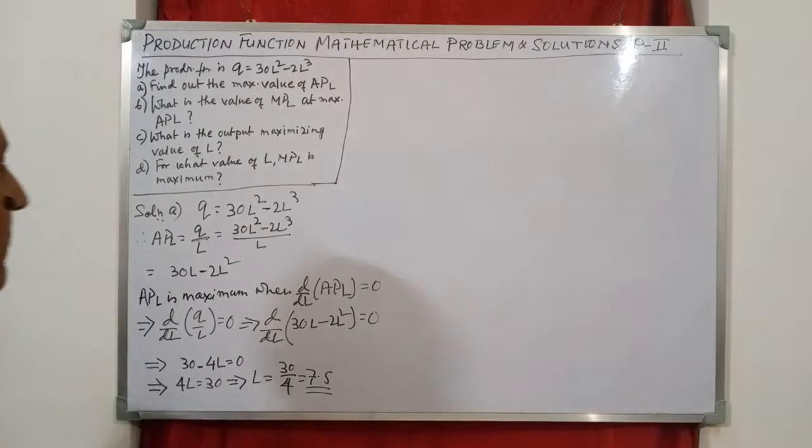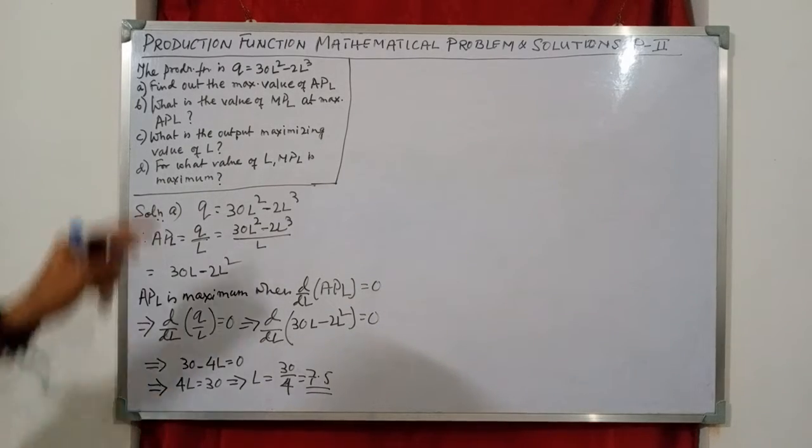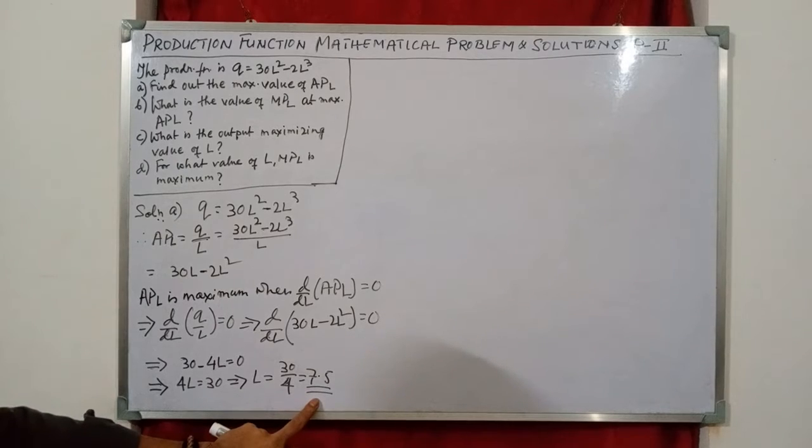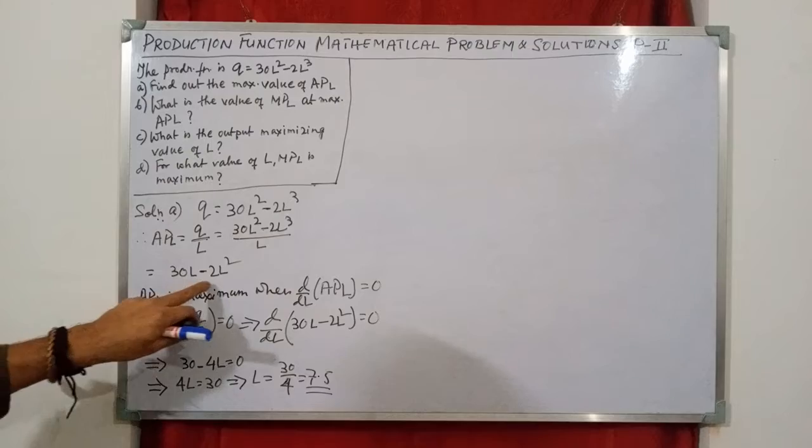L equals 7.5. Now the question is to find the maximum value of APL. Now we shall put this value of L in APL, that is 30L minus 2L square.